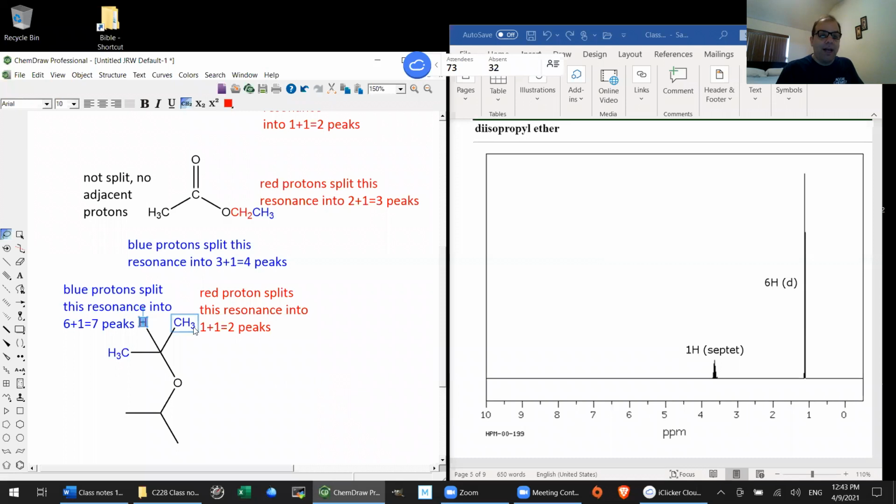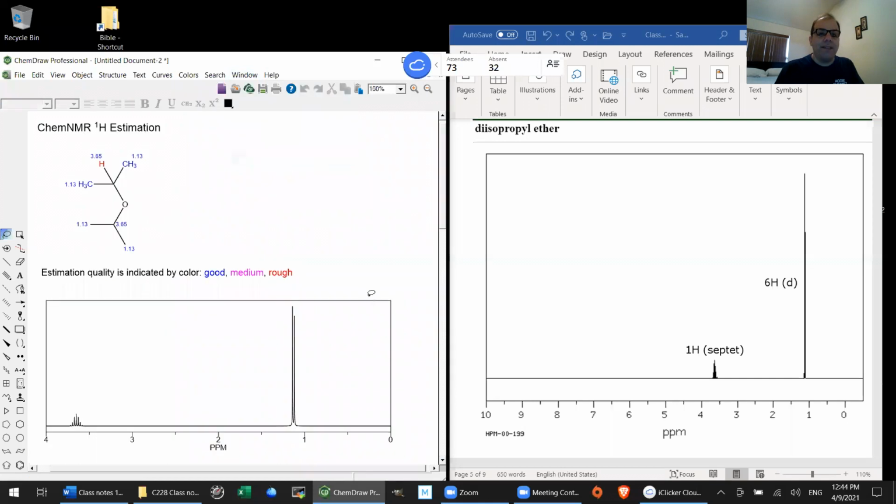Meanwhile, the methyls will now be split into a doublet because there's one adjacent proton. So the red proton, by virtue of being next door to them, splits the blue protons into a doublet, and the 6 blue protons split the red proton into a septet, seven lines. And that's indeed exactly what we see. I calculated this spectrum too, and indeed it's again much easier to see.